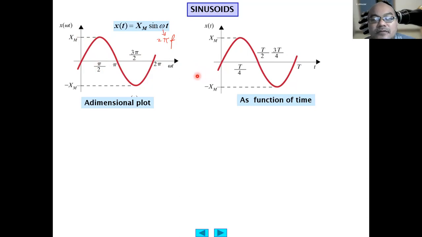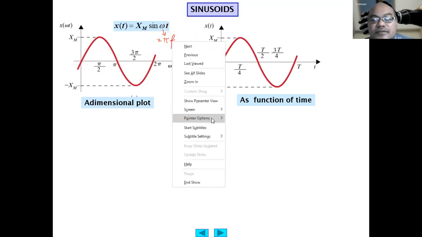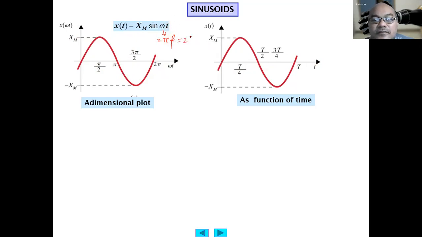We can also express this sinusoidal signal as a function of time. In which case, instead of omega t, we express this as t, so we divide by omega, which is 2 pi f. 2 pi f basically equals 2 pi divided by T, since f equals 1 over T, the frequency is the inverse of the period.